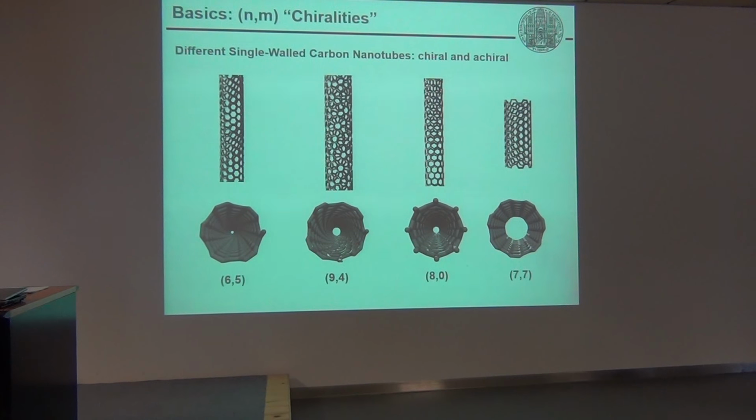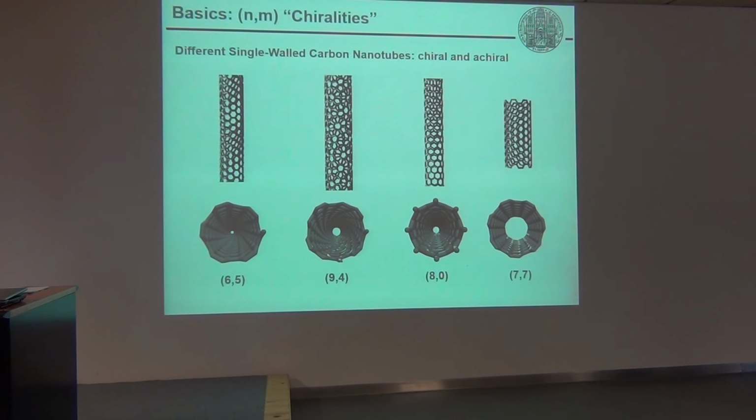Yes, these carbon nanotubes are chiral, but the mirror image is not, for example, the mirror image of this is not this. So these two have no chiral relation to each other. The mirror image of this would be called the 5,6 nanotube, but has more or less the same optical properties. So you can see there are lots of different structures that you can get from rolling up this sheet of graphene.